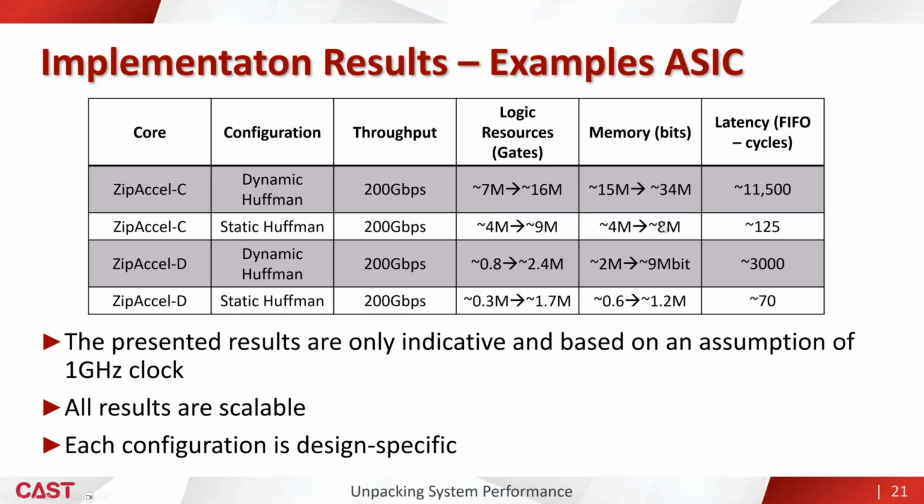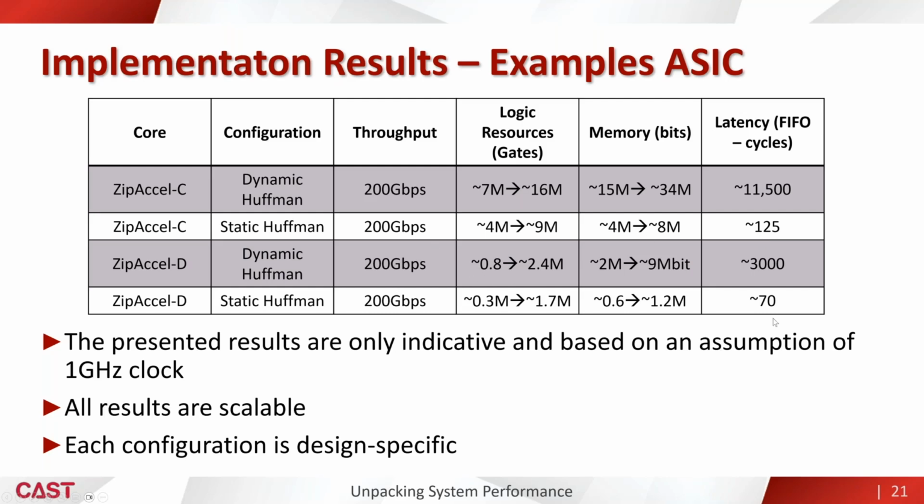And of course, this will also impact the latency. You can see here the orders of magnitude that will assist you in making a choice. The order of magnitude of latency for dynamic Huffman tables is around 12,000 clock cycles. This is 5-fold latency, first in, first out in clock cycles. Whereas when you switch to static Huffman, even at 200 gigabits per second, the latency is only a few tenths of clock cycles, 125.